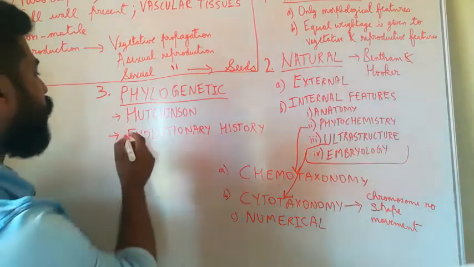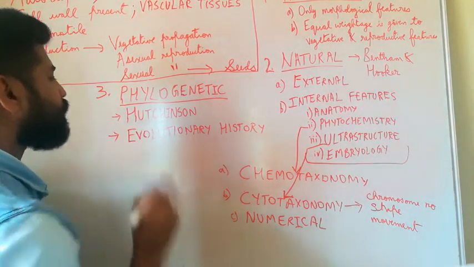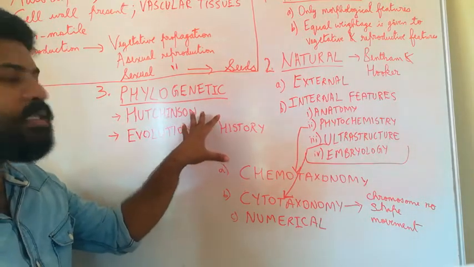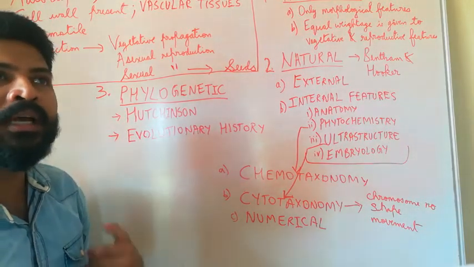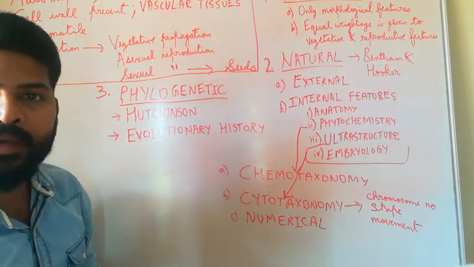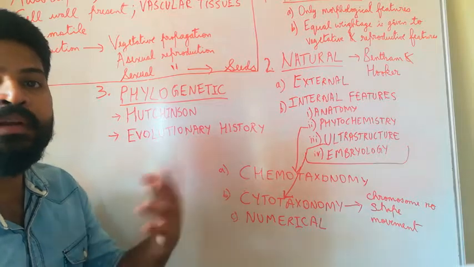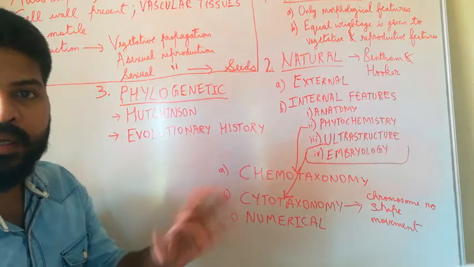That is called as the phylogenetic system of classification, which was first proposed by Hutchinson. Other scientists like Engler and Prandtl, Takhtajan are also responsible for its development in the later years.